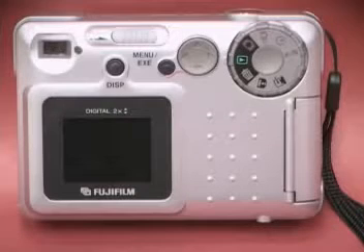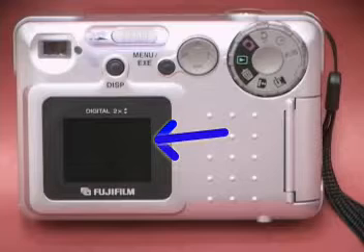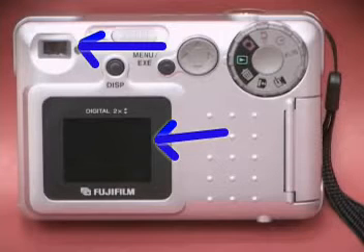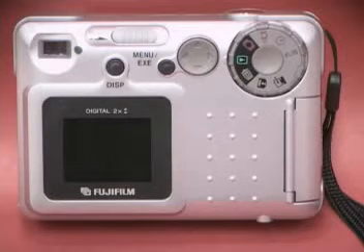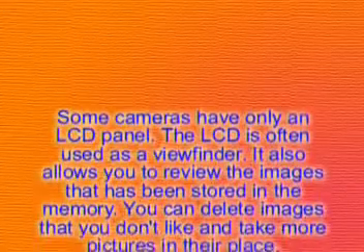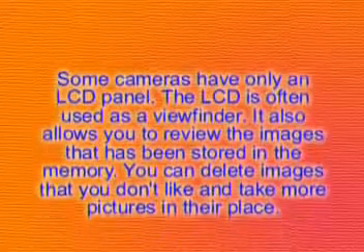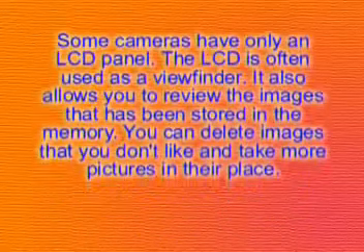Other cameras have both an LCD panel and an optical viewfinder, in which case you can turn off the LCD to save the battery. Some cameras have only an LCD panel. The LCD is often used as a viewfinder. It also allows you to review images in memory. You can then delete images that you don't like and take more pictures in their place.